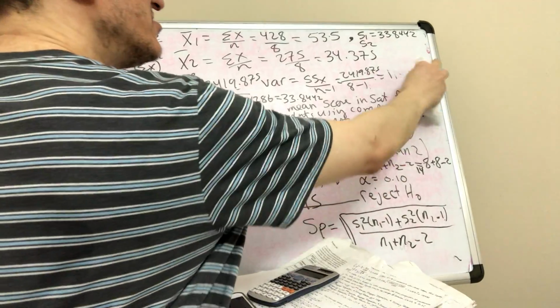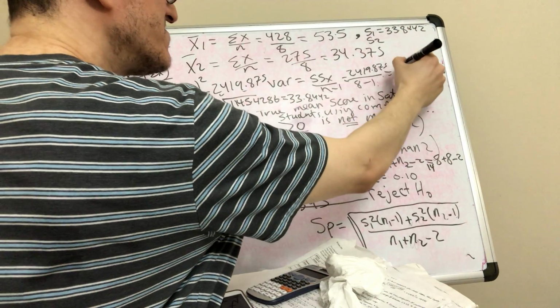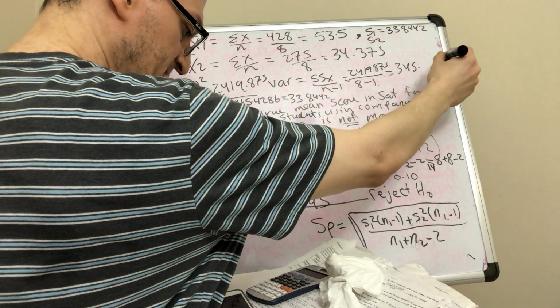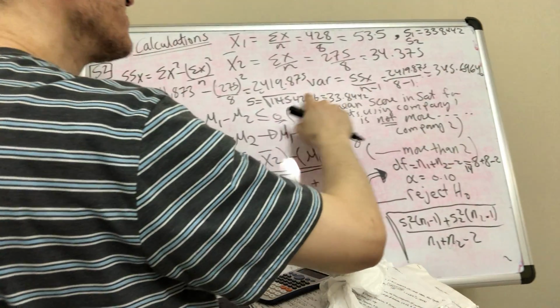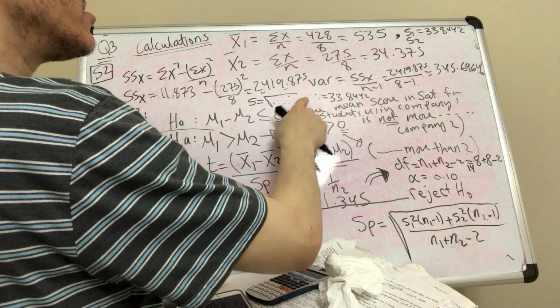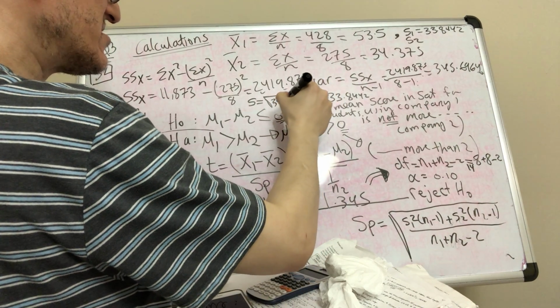That gives you your variance of 3456964, and you square root it to actually find the standard deviation.